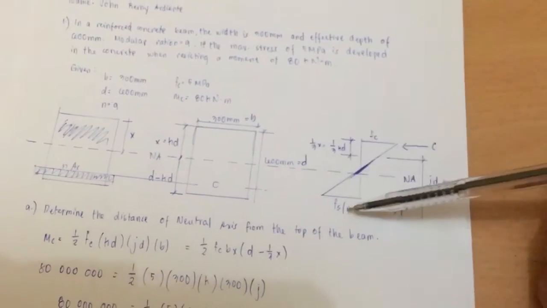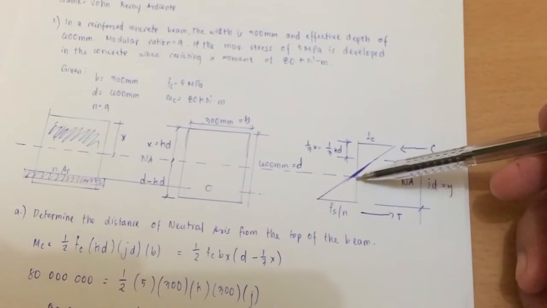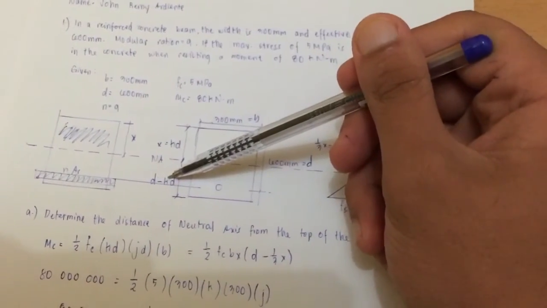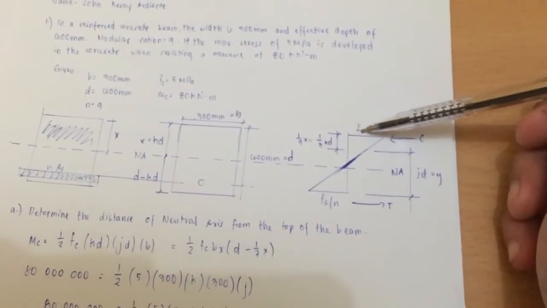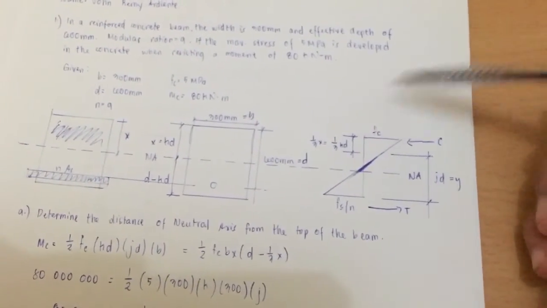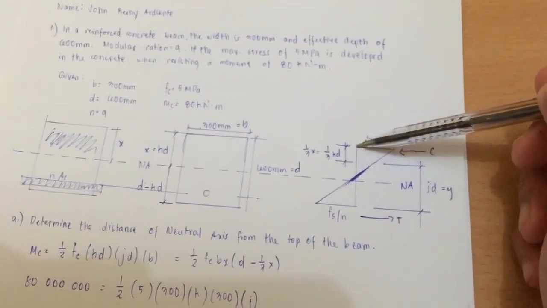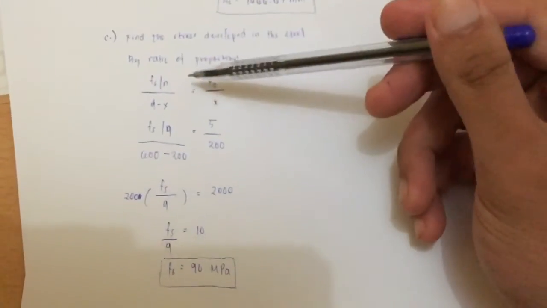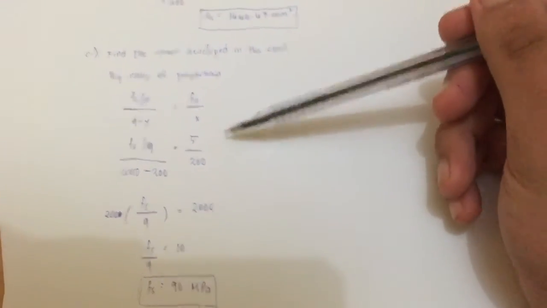So by ratio and proportion, Fs over n over the distance d minus x, or d minus kd, is equal to Fc, which is the stress developed in concrete, over the distance from the neutral axis, which is x. So Fs over n over d minus x is just equal to Fc over x.